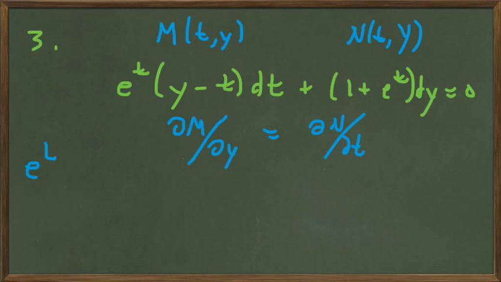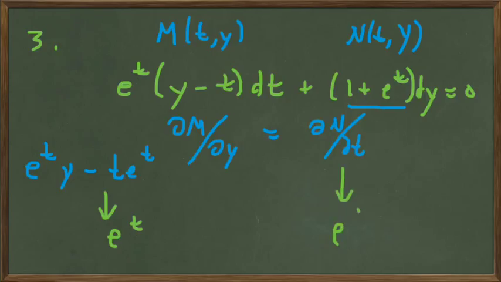So we've got e to the ty minus t e to the t, and the partial of that with respect to y is just going to be e to the t, and then partial n partial t of n is just going to be, easy to see that that's just e to the t, and so yes, it is exact.